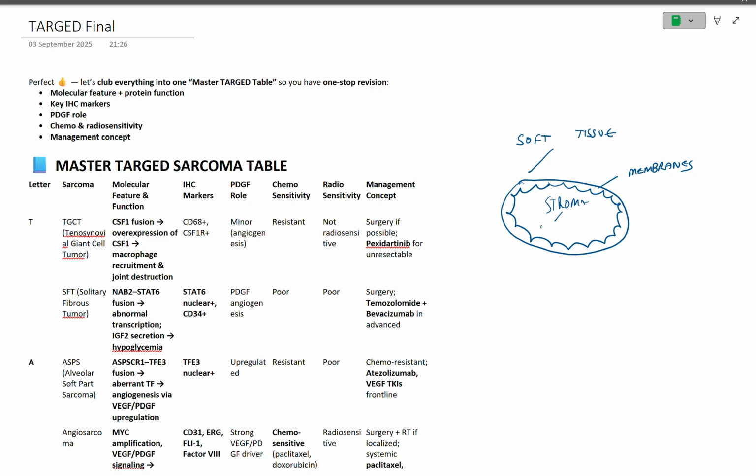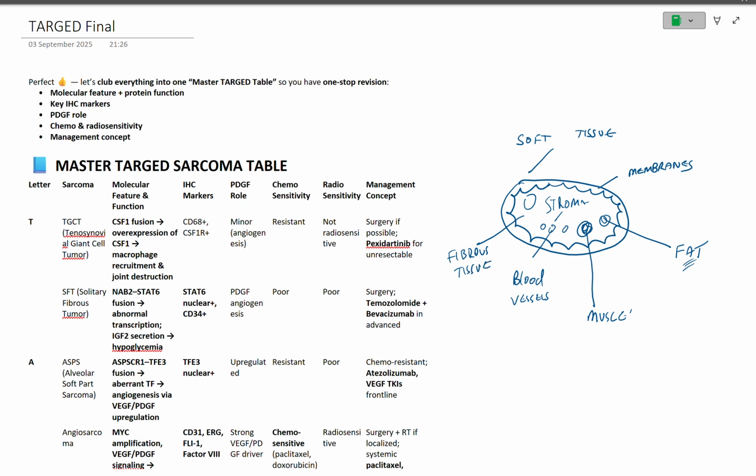In the stroma, you have blood vessels, you have muscle, you have fat, and you have fibrous tissue.